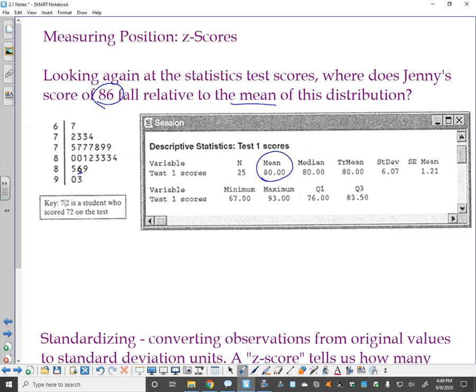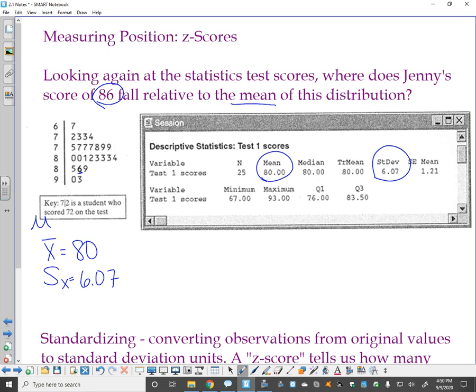Okay, so now I'm going to talk some stats here. This was a sample, so my mean is going to be x bar. Side note, it's mu if it's a population, x bar if it's a sample. So my x bar is 80, and my standard deviation is 6.07. Now again, think about what that standard deviation means.